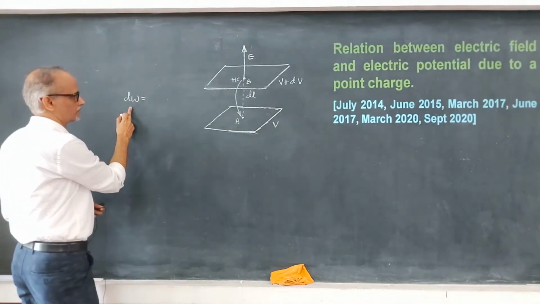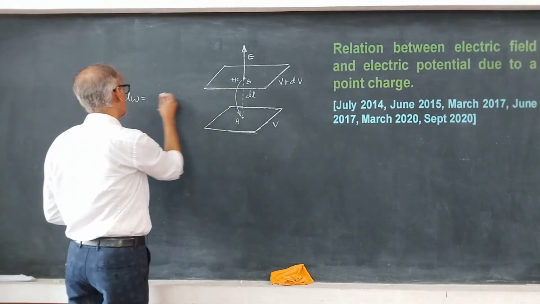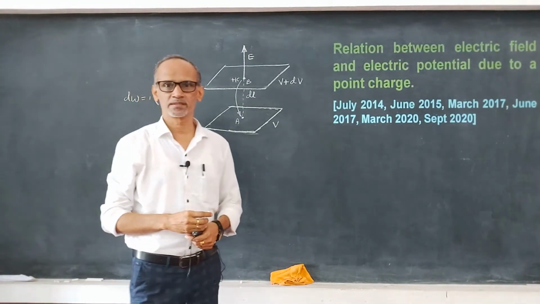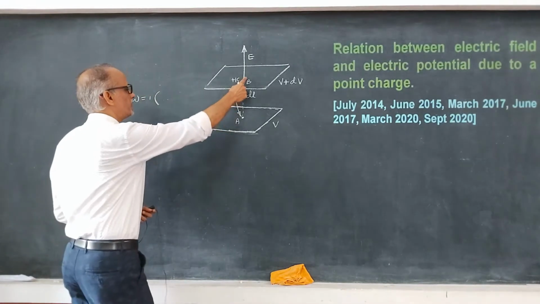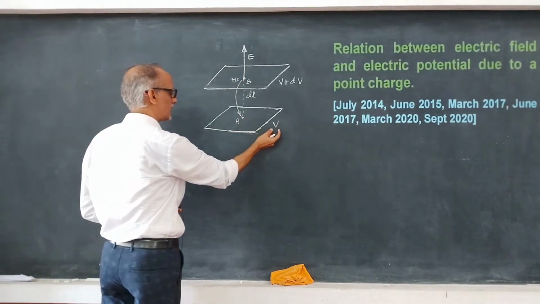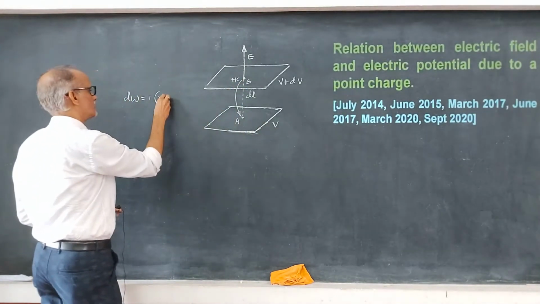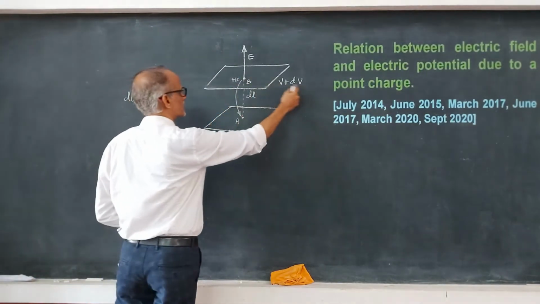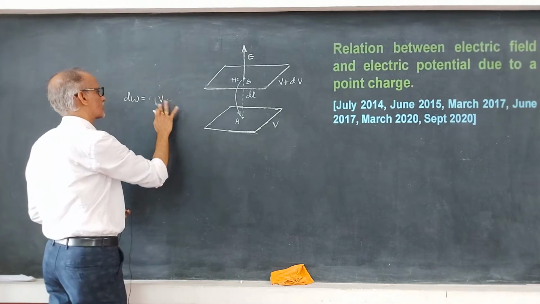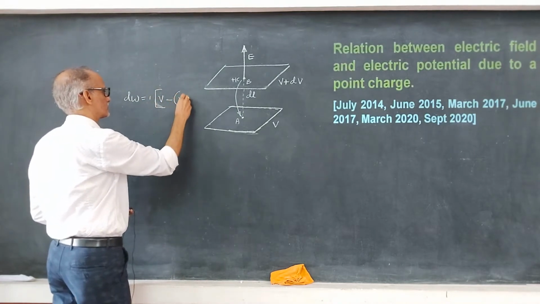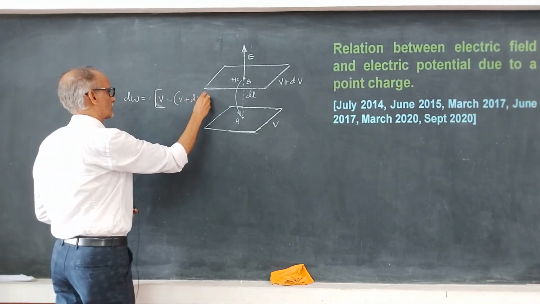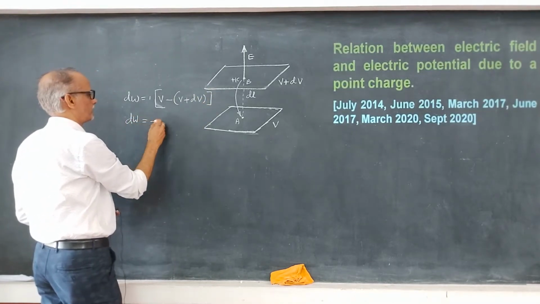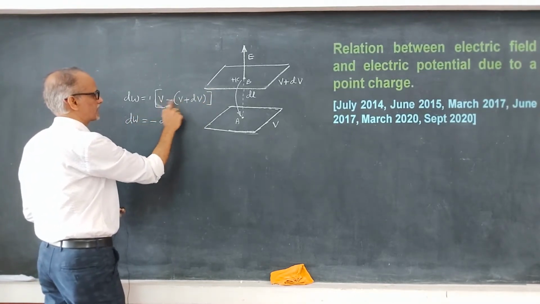It is given by the charge moved, which is 1, into the potential difference. It is moved from B to A, so potential at A, which is V, minus potential at B, which is V plus dV. V will get cancelled, so this will be equal to minus dV.